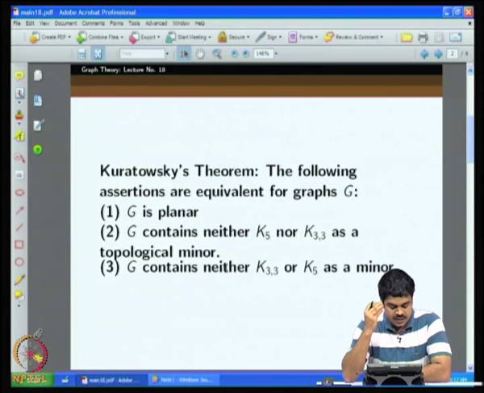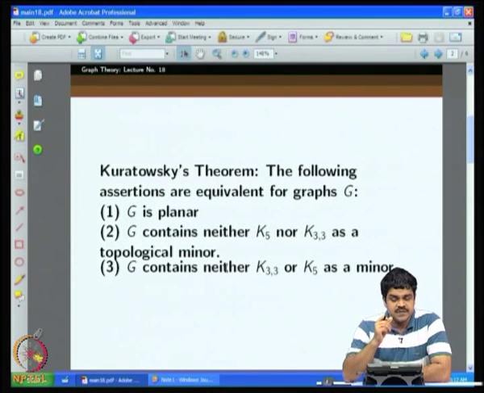Now, the more difficult part to prove is that if a graph does not have a K5 or K3,3 minor, then it is a planar graph. In other words, any non-planar graph should have one of these minors, either K5 or K3,3.